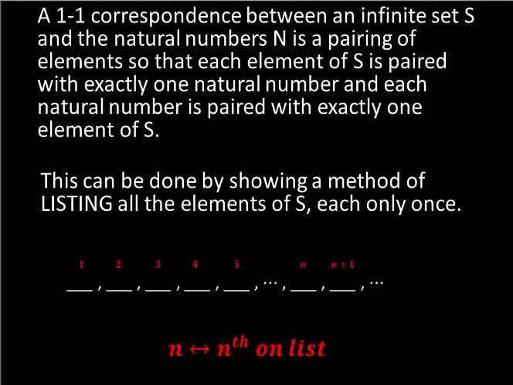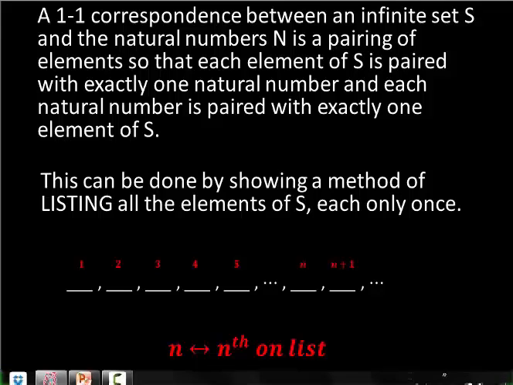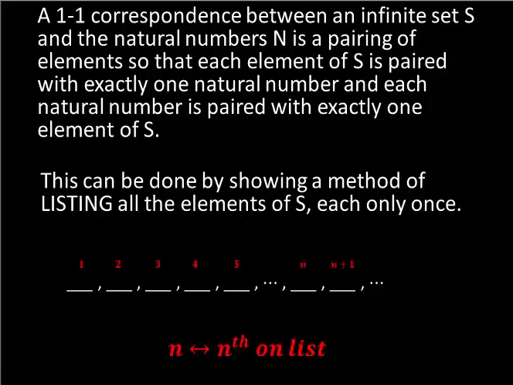The second number on the list corresponds to 2, its position on the list. The nth number on the list corresponds to its position on the list, n. And so listing is a method of proving that an infinite set has the same cardinality as n.